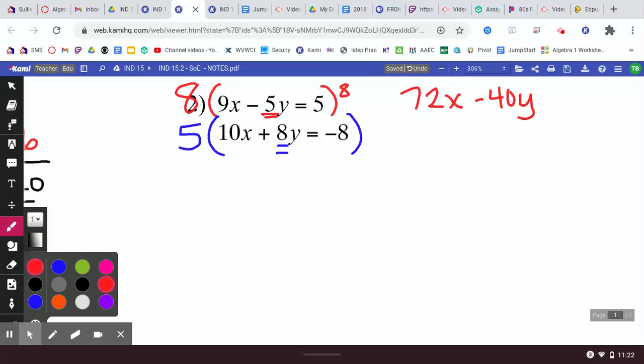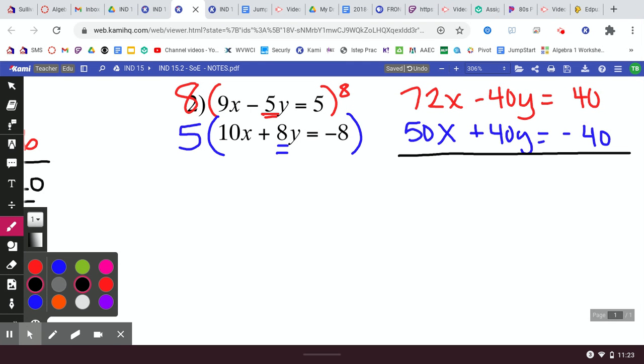And 8 times 5 there on the end is 40. That's the upper equation with an 8 ran through it. Now I'm going to run a 5 through the bottom. 5 times 10x is 50x. 5 times positive 8 is positive 40y. And 5 times negative 8 is negative 40. Now I'm ready to draw my line.